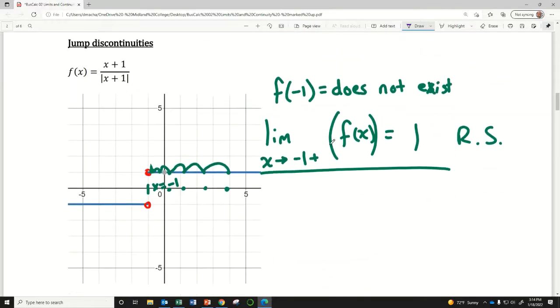For my next example, let's look at the jump discontinuity. If I want to find the left-sided limit, I write the limit as x approaches -1 from the left side of f of x.